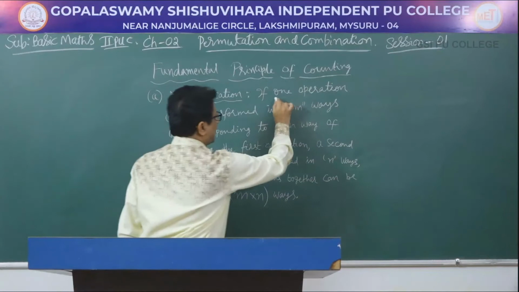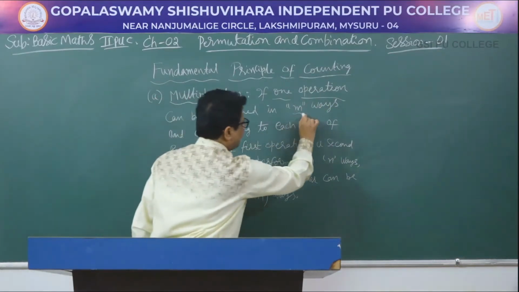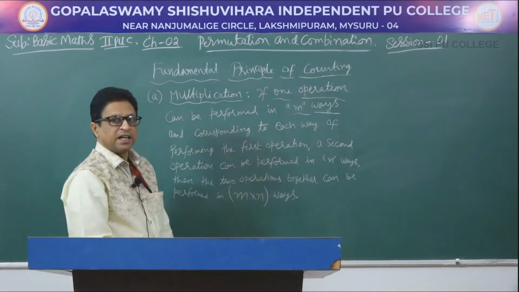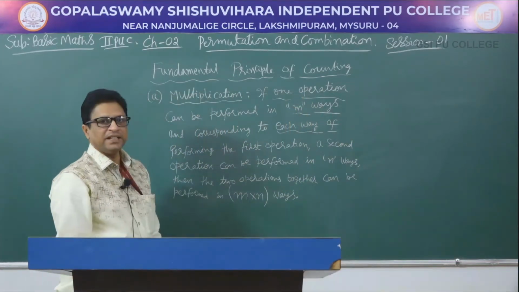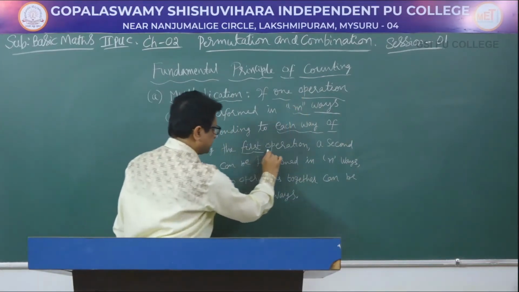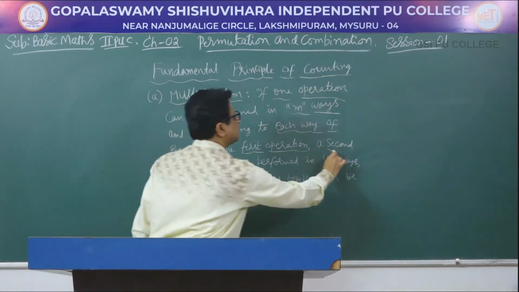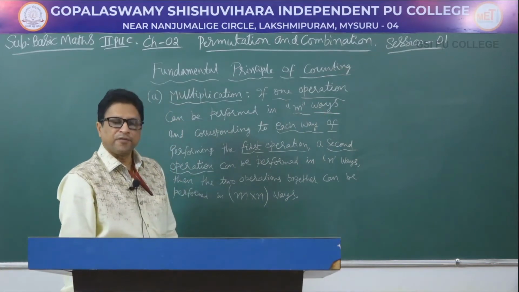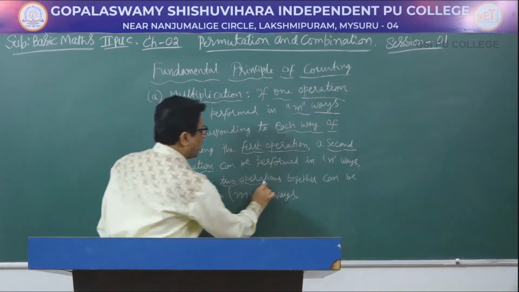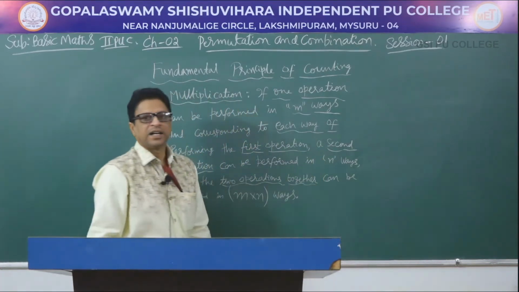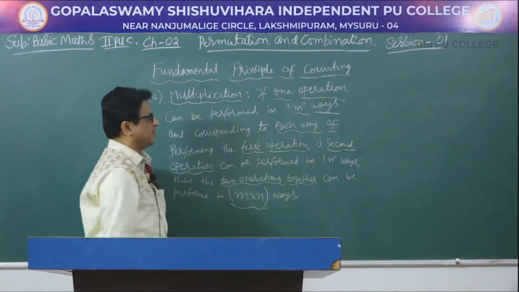If one operation can be performed in m ways and corresponding to each way of performing the first operation, a second operation can be performed in n ways, then the two operations together can be performed in m into n ways.